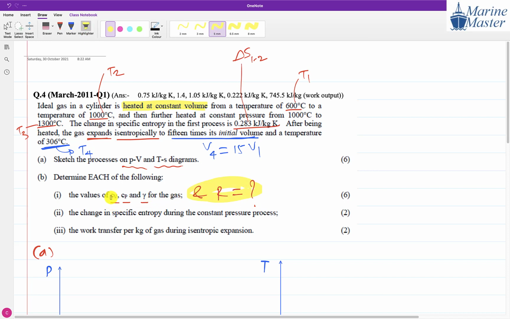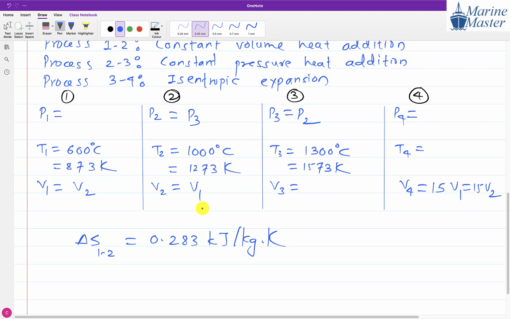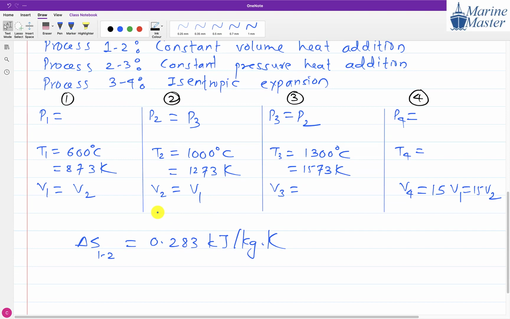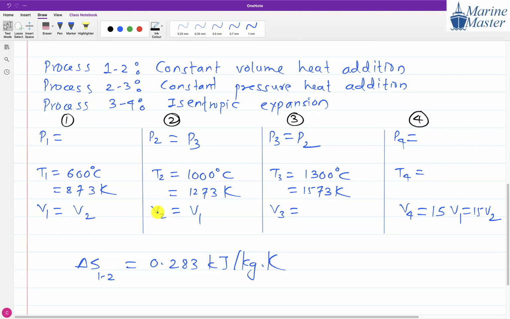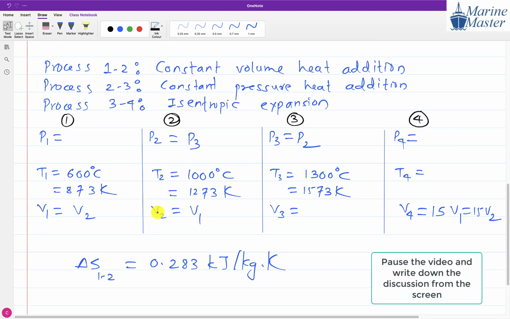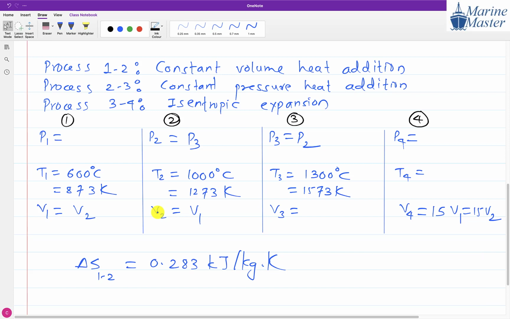So add these two parts, Cv, Cp, gamma and R. So please form the table before going further. Write down all these things. Done, sir.